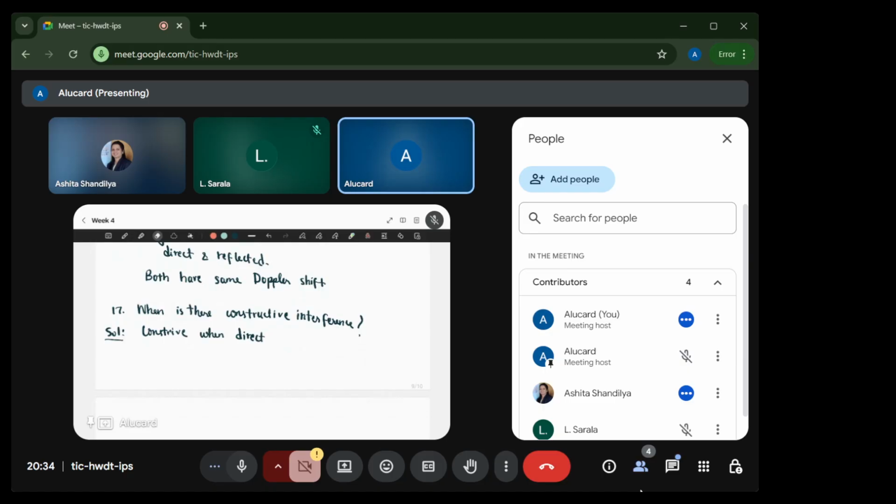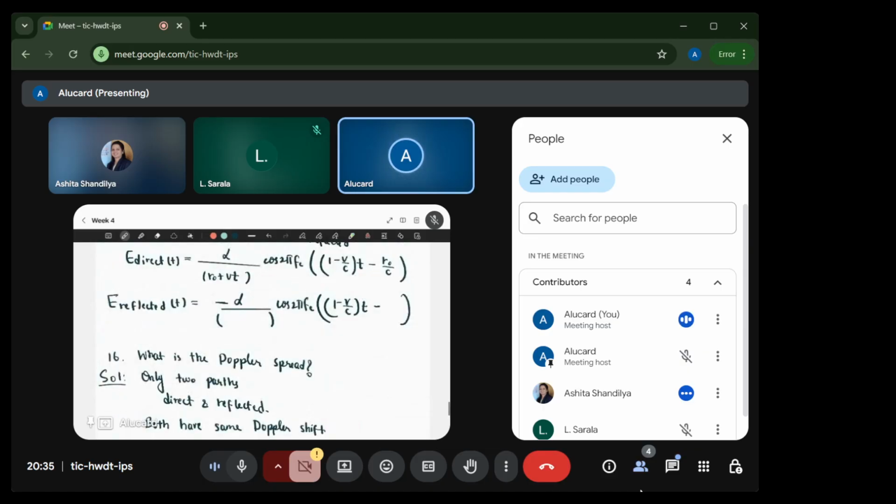So you can say constructive interference when E direct and E reflected add up. Like I previously said, this minus you can take it inside and write it as plus pi or minus pi, in which case you'll have plus in both the terms.